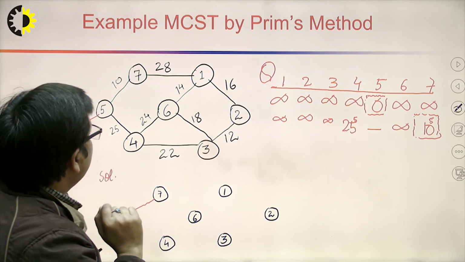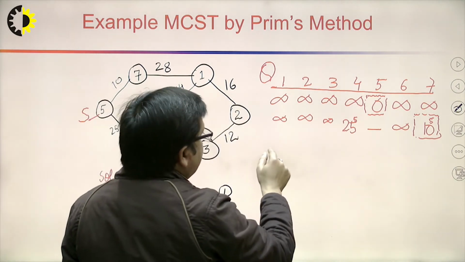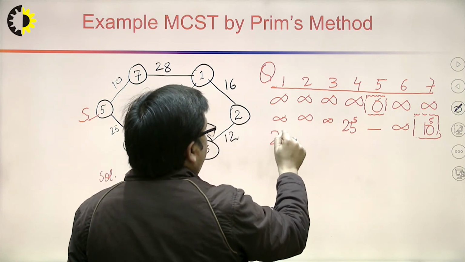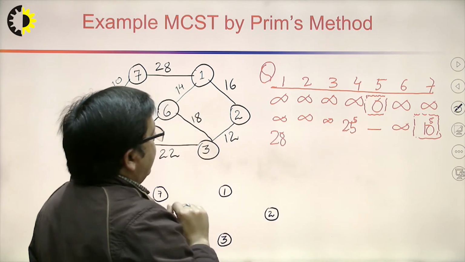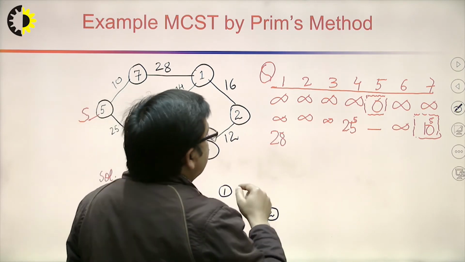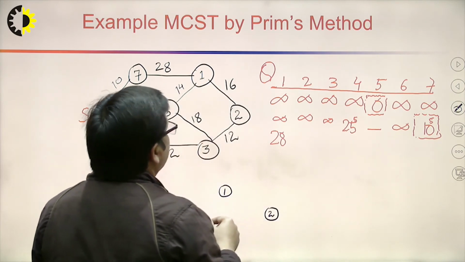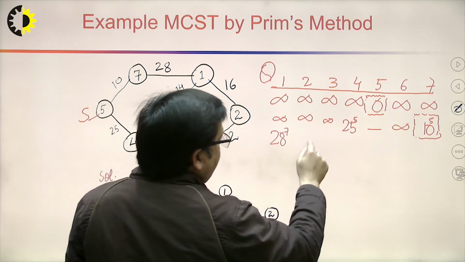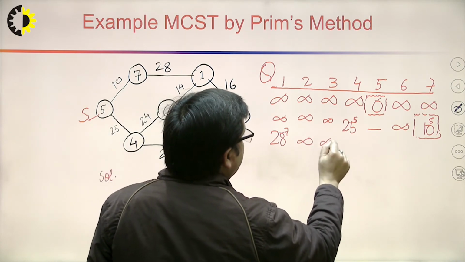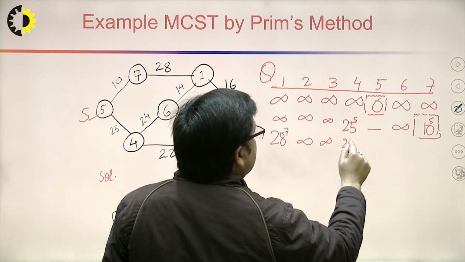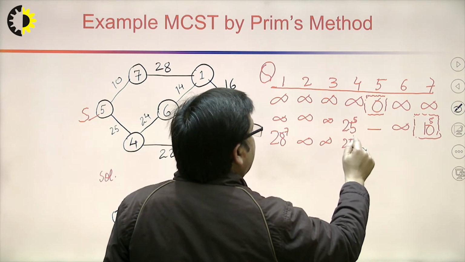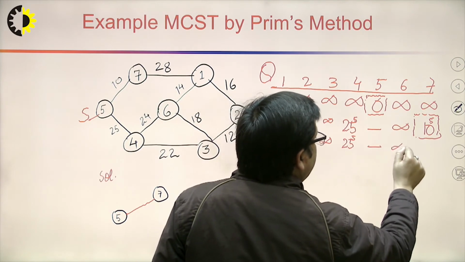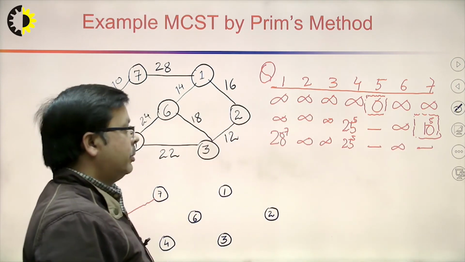The weight of 1 will be updated with the adjacent edge weight, that is 28, and the parent of node 1 will be node 7. The others remain infinity, 4 is 25 with parent 5, and 5 and 7 are removed.